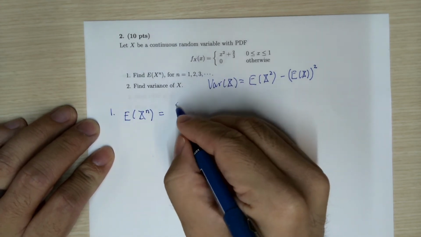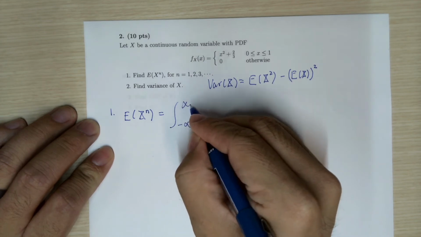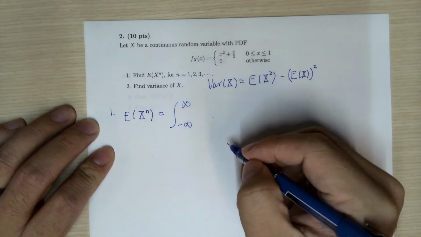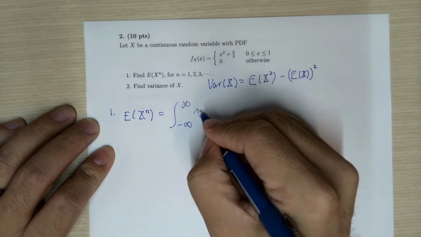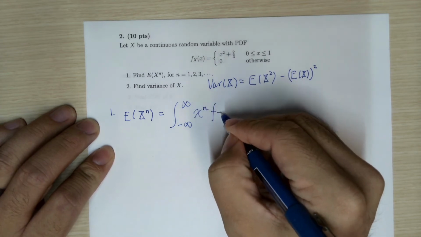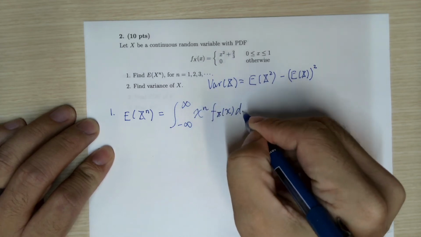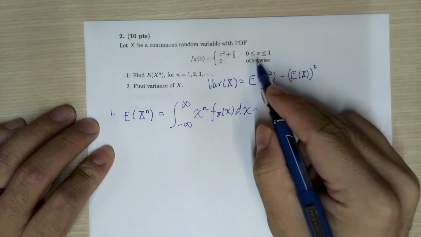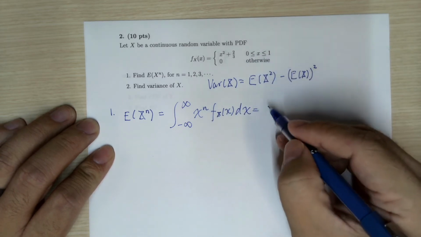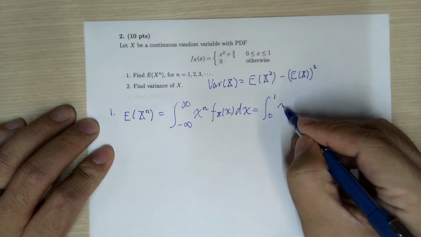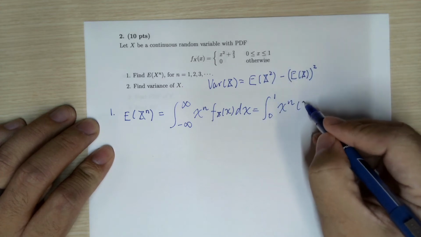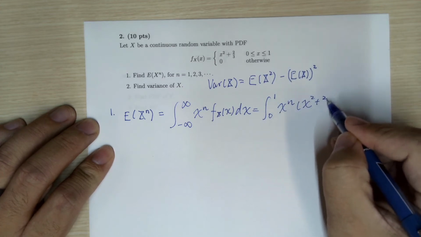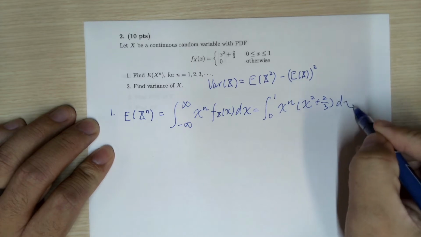So following the definition, using the LOTUS, we're going to have x to the power n f of x dx. That is, x from 0 to 1, x to the power n times x squared plus 2/3 dx.